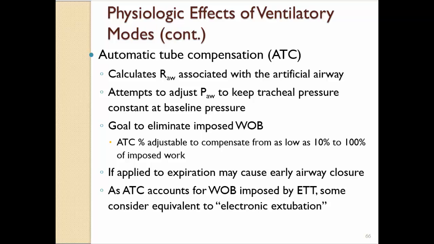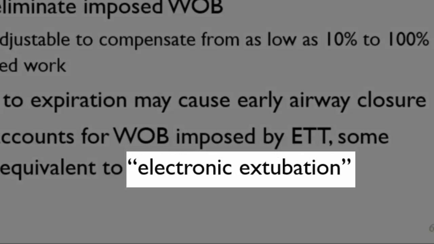So the ATC percentage is adjustable to compensate for as low as 10% or up to 100% of imposed work. You also have the option of applying it on inspiration or expiration. If it's applied on expiration, this may cause early airway closure, as the ATC accounts for work of breathing imposed by the ET tube. Some consider it equivalent to electronic extubation.